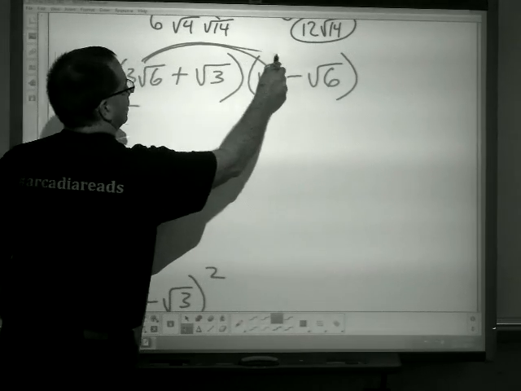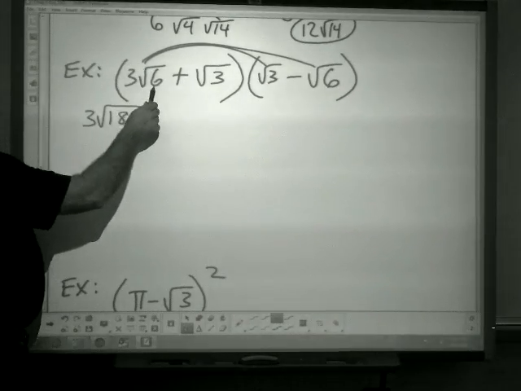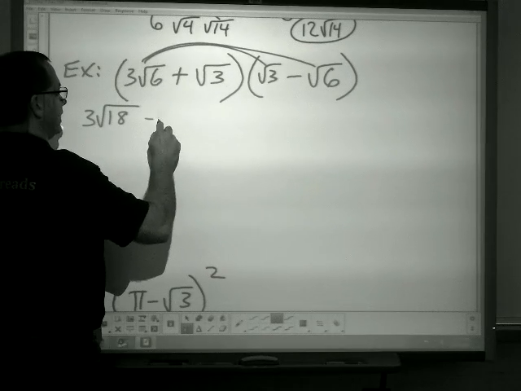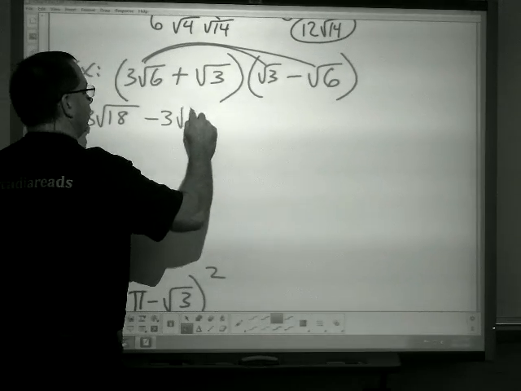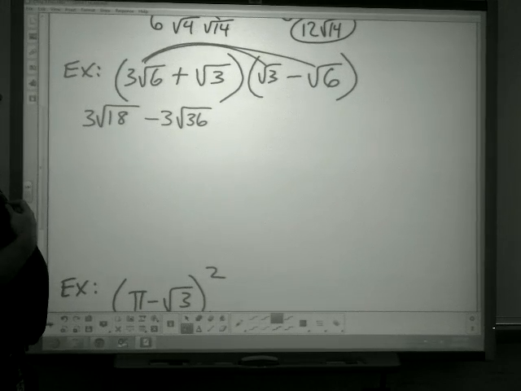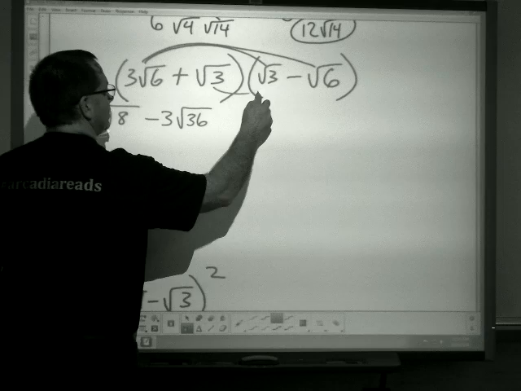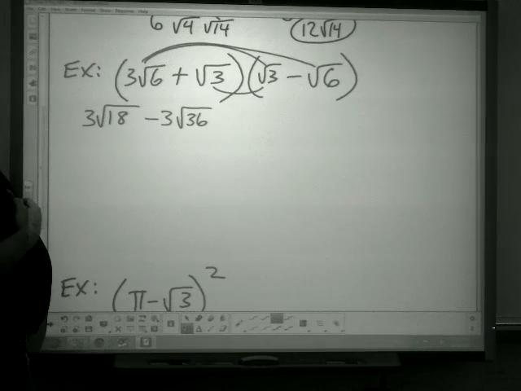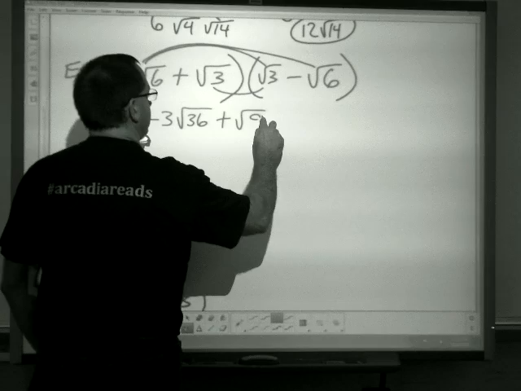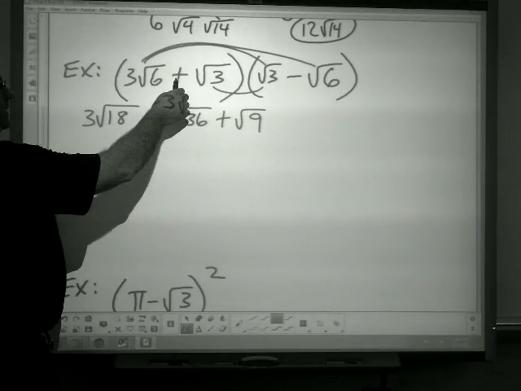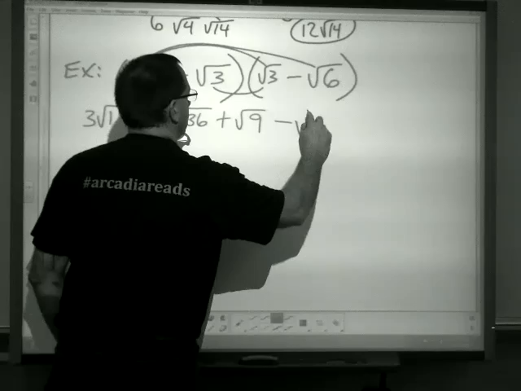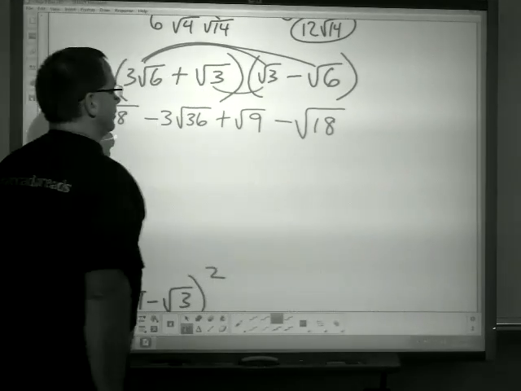The outer, so now I got 3 radical 6 times 3 times 1 radical 6, but negative. I got negative 3 radical 36. The insides, radical 3 times radical 3 is radical 9. And then the last, positive radical 3, negative radical 6 is a negative radical 18.